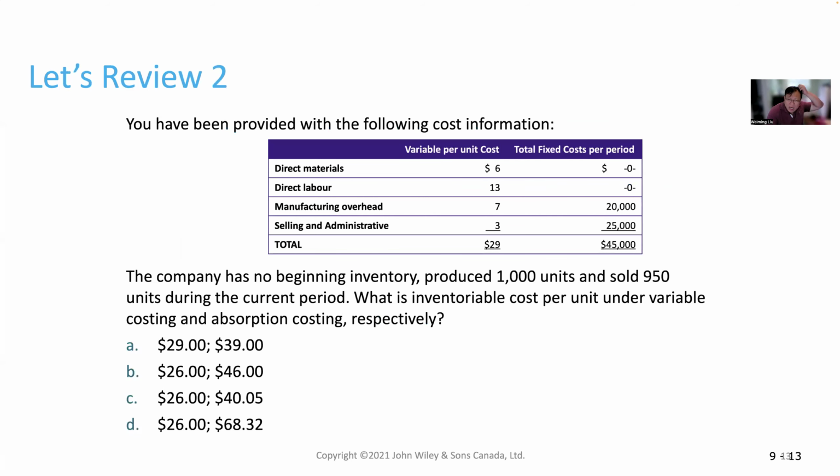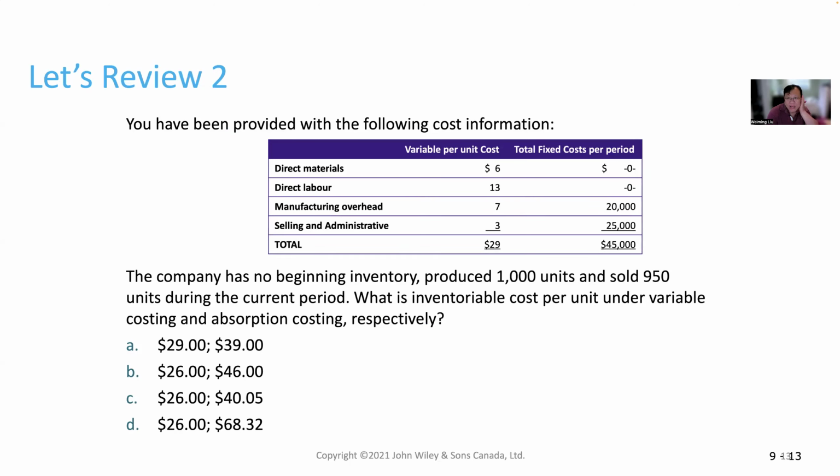For this question, you are provided with the following information. The company has no beginning inventory, produced 1,000 units and sold 950 during the current period. What is the inventory cost per unit under variable costing and absorption costing?